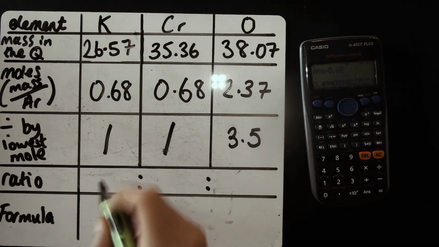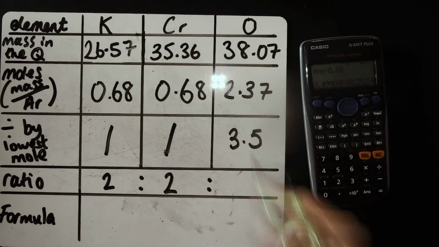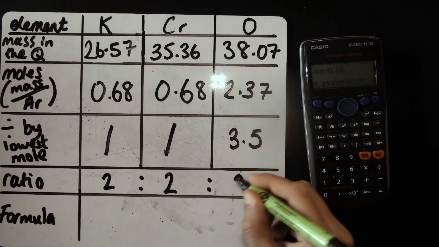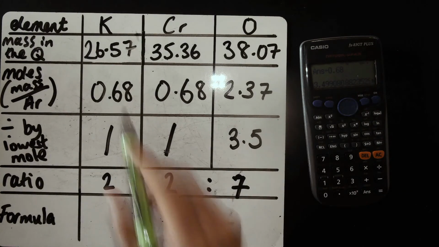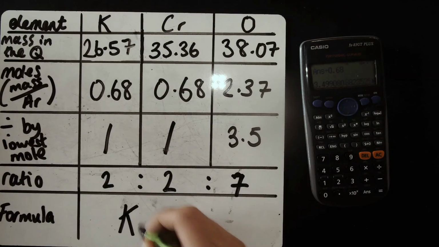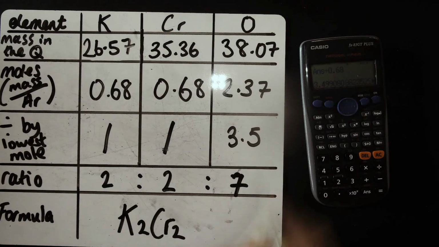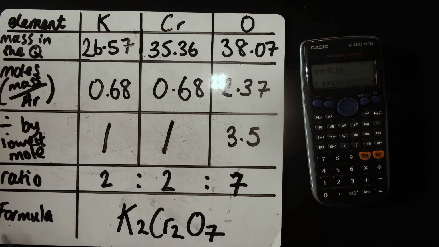So you'd get 1 times 2 is 2, 1 times 2 is 2, and 3.5 multiplied by 2 is 7. So the formula would be K2Cr2O7, and that would be the empirical formula, because that's the simplest whole number ratio.